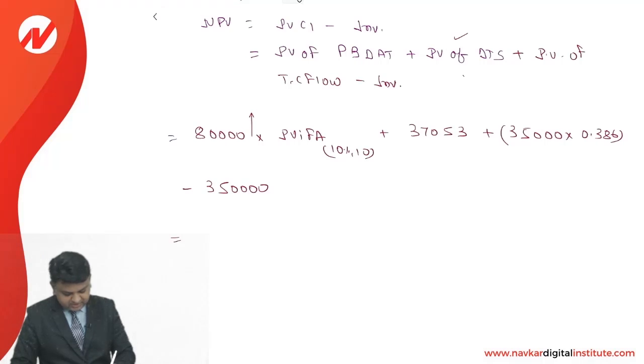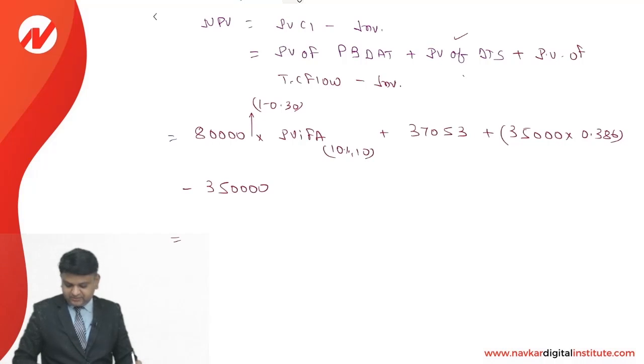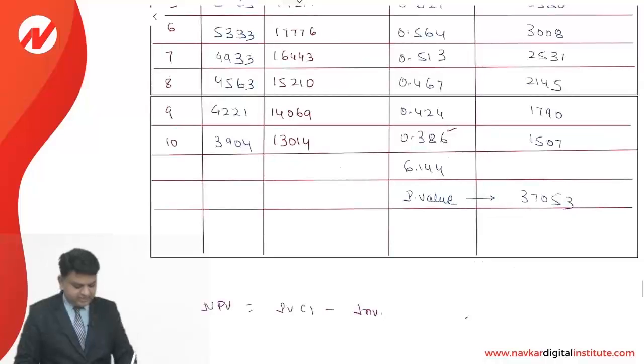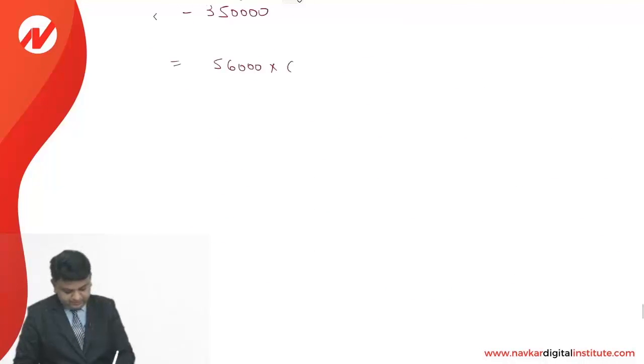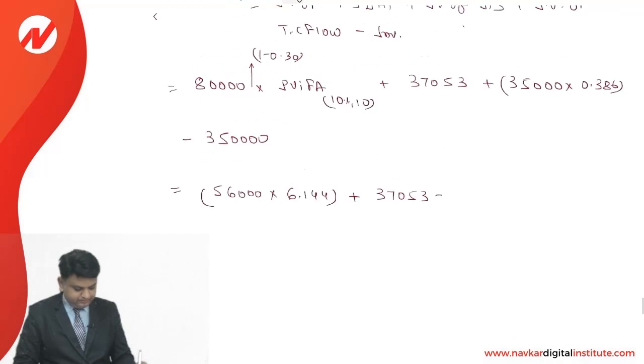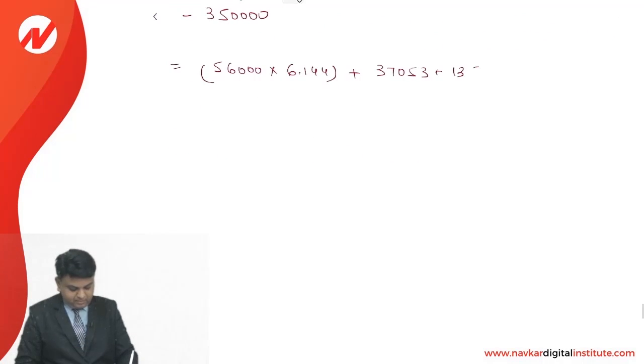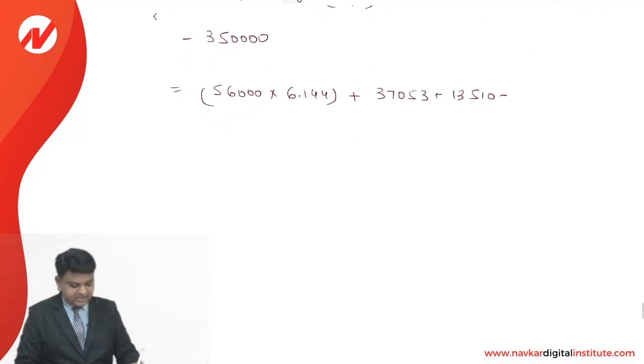80,000 into 1 minus tax rate. So 80,000 into 0.7 comes to 56,000. The 10 years annuity factor is 6.144, plus 37053, plus 35,000 into 0.386, that is 13510, minus 3,50,000.